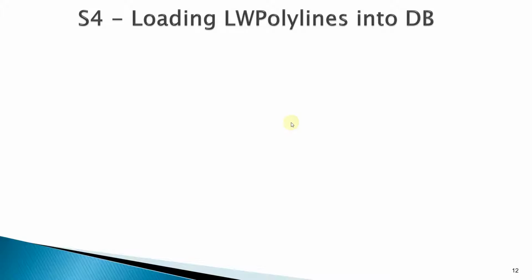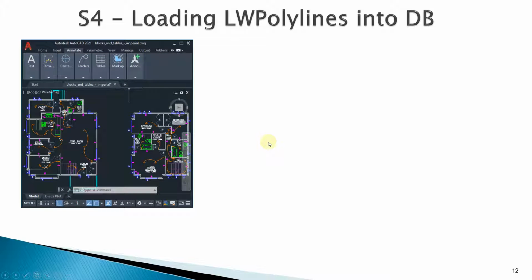Hello and welcome back. Our next task is to load the lightweight polylines into our database. So our process is the same as the Mtext and lines. From our AutoCAD drawing, we are going to filter all the lightweight polylines, which mainly are these objects here, the walls.